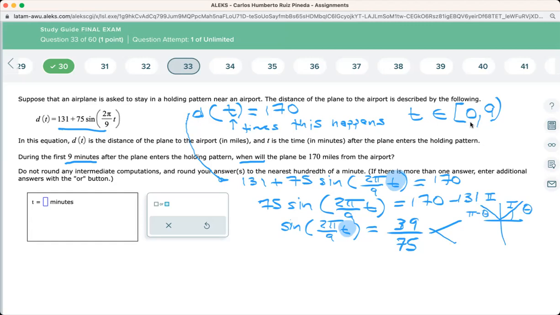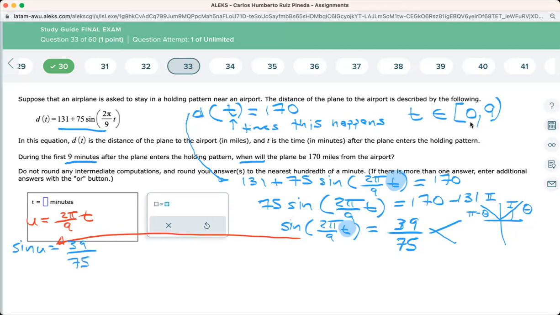So the first thing we need to do is change the variable. If u equals 2 pi over 9t, then sine of u equals 39 over 75.